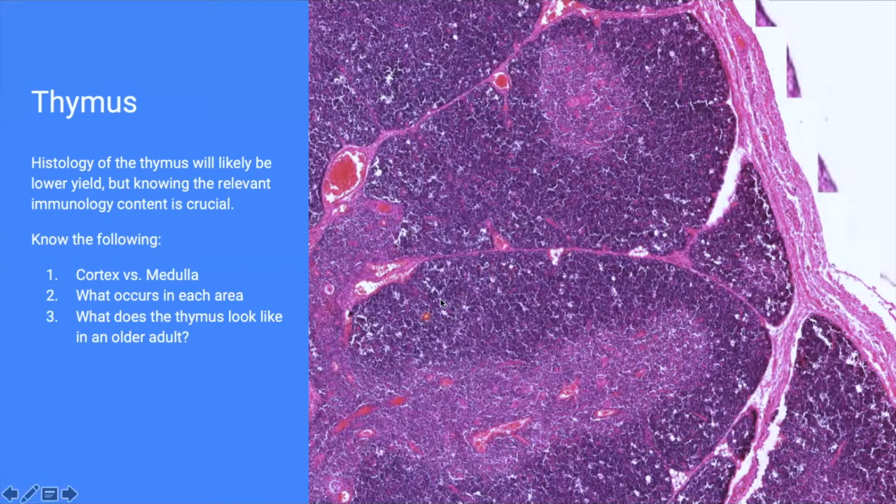So instead of seeing really robust lobules here, we would likely see fat predominant with maybe a few functioning lobules of thymus. But it incredibly decreases in robustness and volume as we reach adulthood.